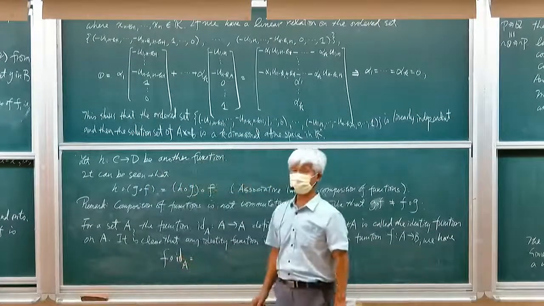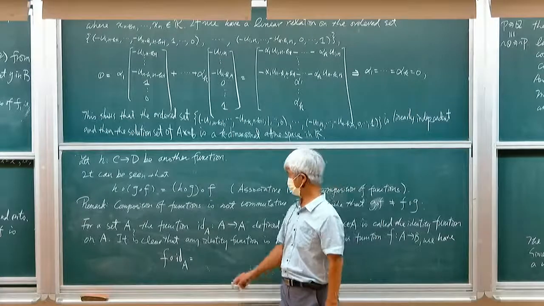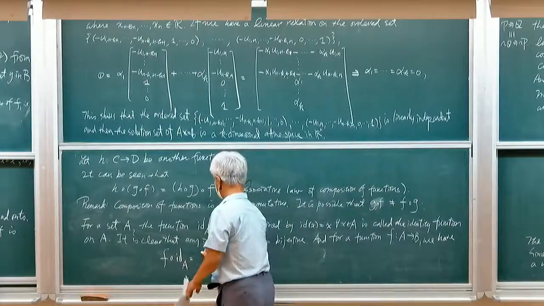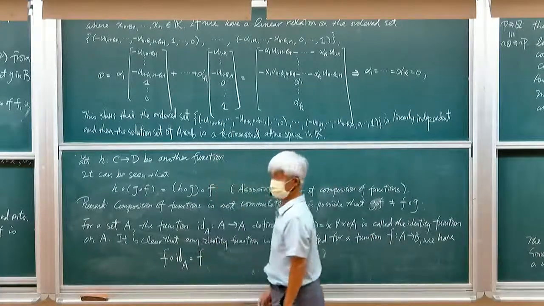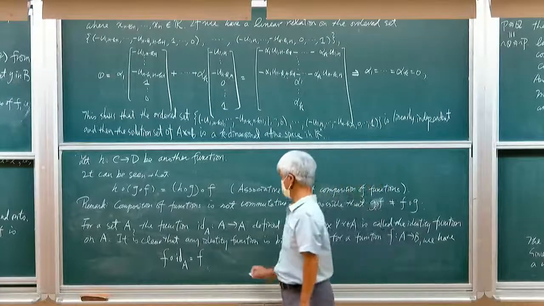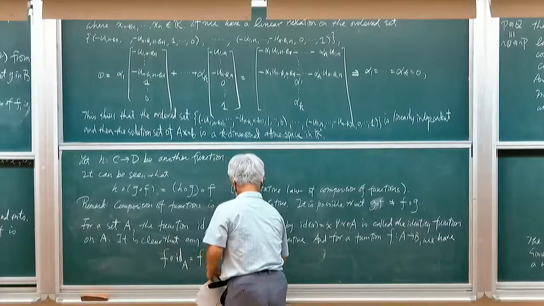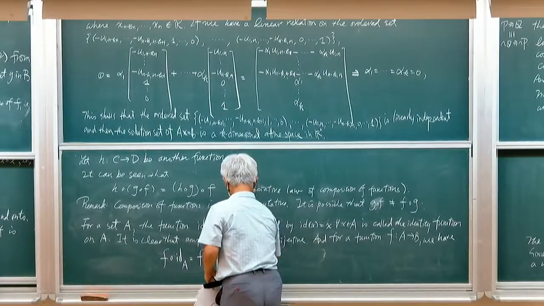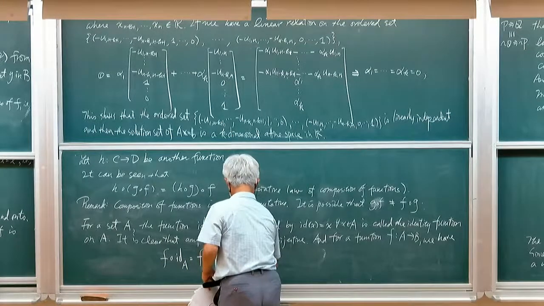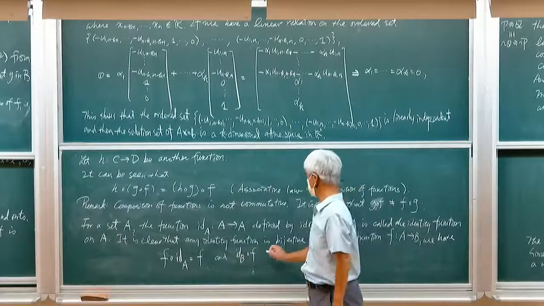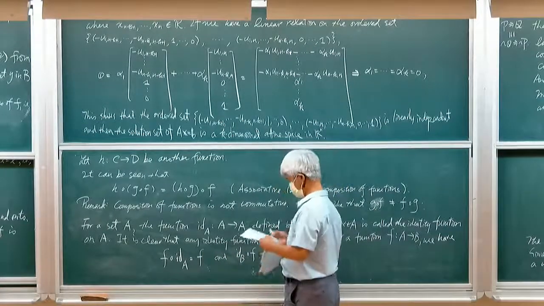The identity function of A composed with f is the same as f, and if f is composed with the identity function of B, then it's also f.